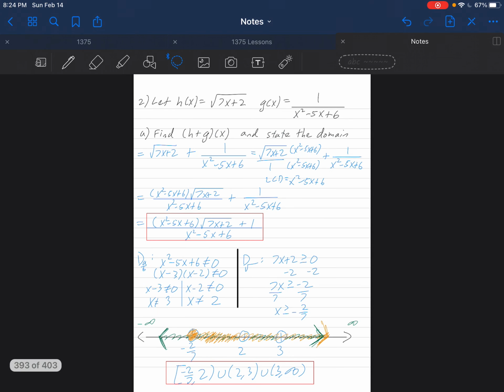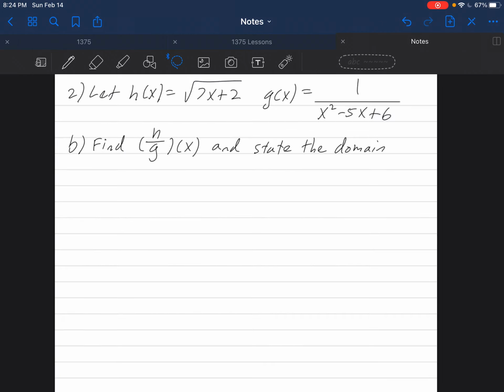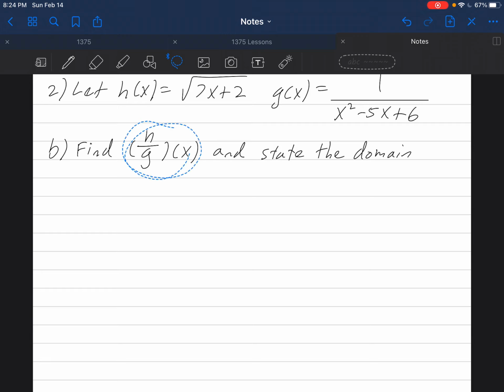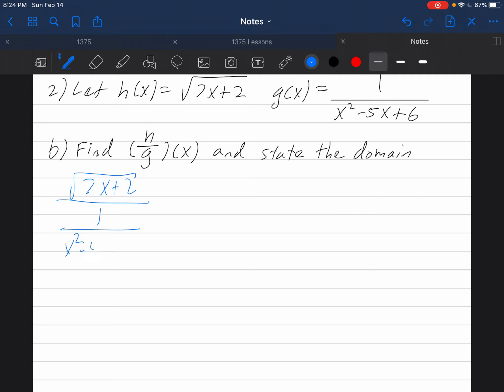Instead of h plus g of x, we are going to find the domain of h over g, a divided function, h divided by g essentially. So this means that the radical 7x plus 2, divided by 1 over x squared minus 5x plus 6. Looking here at a complex fraction.